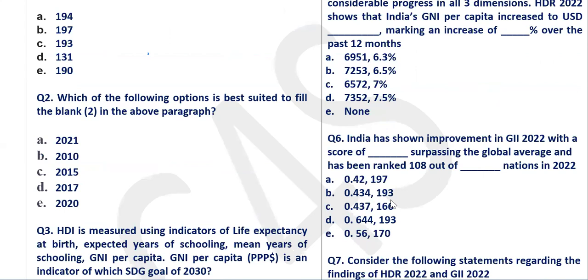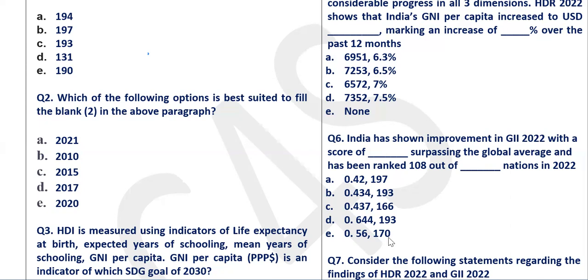Next, India has shown an improvement in GII 2022 with a score of dash surpassing the global average and has been ranked 108 of dash nations in 2022. What is the score of the Gender Inequality Index 2022, and India has been ranked 108 out of how many countries? Options are 0.42, 197 countries, 0.434, 193 countries, 0.437, 166 countries, 0.644, 193 countries, 0.566, 176 countries.